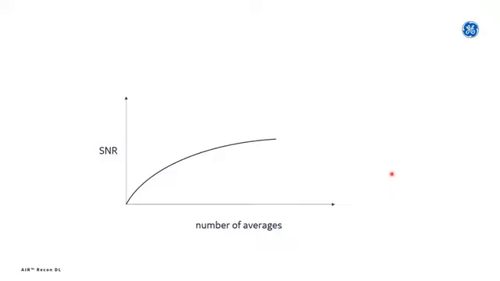We know with MR that the most straightforward way of improving the signal to noise ratio of images is to average. Unfortunately, you get simply a diminishing return on your SNR, so that as you increase your number of averages, you get less and less additional SNR.